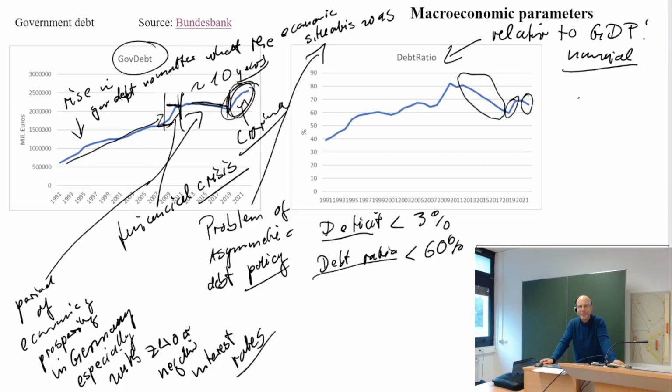But this is a good point: not only taking the first shot, typing into Google government debt of Switzerland, because also for Germany and other countries, you will always find different numbers. And this is also your task, to read a little bit more and find out which one could be reliable. Well, there is no right number, but what is a reliable number for you? This you should learn via this analysis.